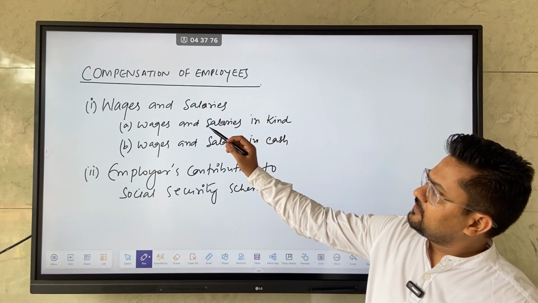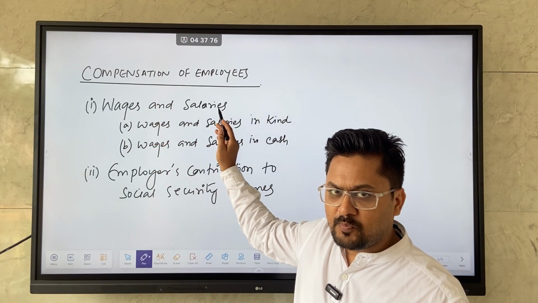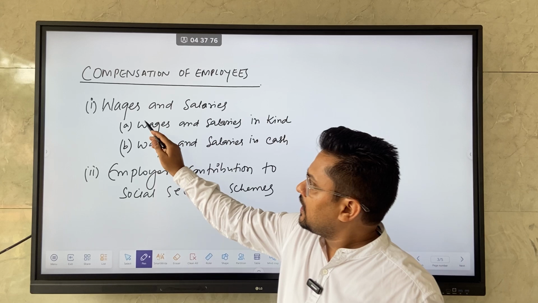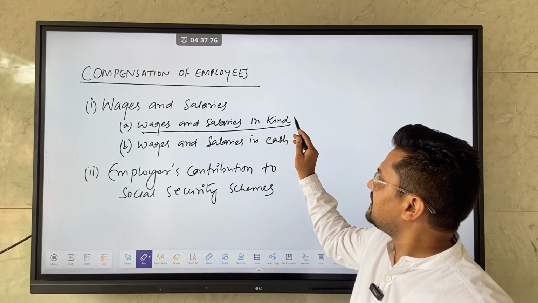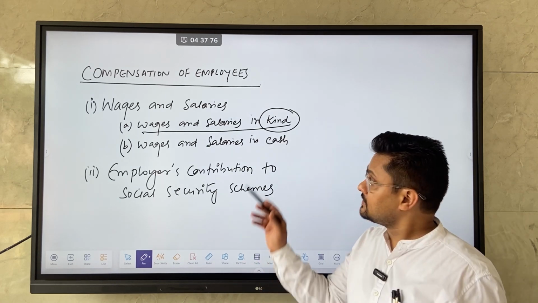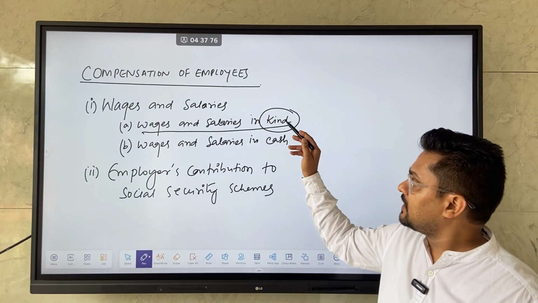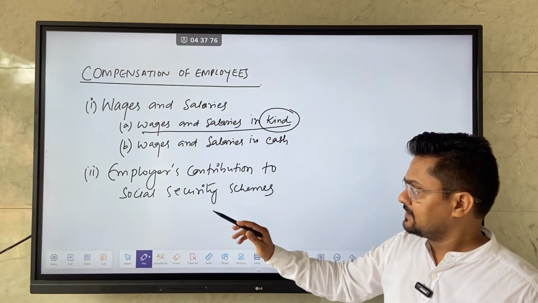In total, wages and salaries is undoubtedly the main component of compensation of employees, under which we can classify wages and salaries in kind and in cash.